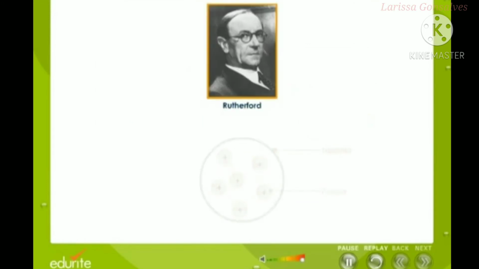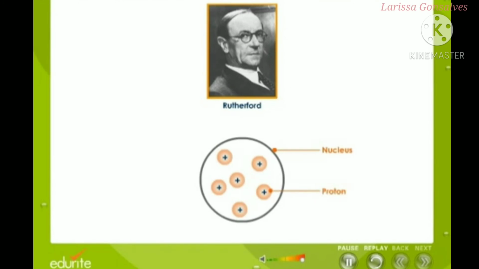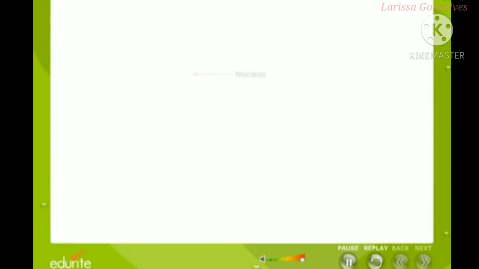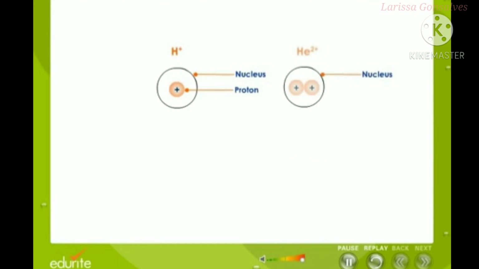According to Rutherford, the nucleus of an atom contained only protons, and these protons decided the mass of an atom. But we know that hydrogen has one proton in its nucleus, whereas helium has two protons. If the protons were the only particles in the nucleus, then a helium nucleus would have two protons and therefore only twice the mass of hydrogen.